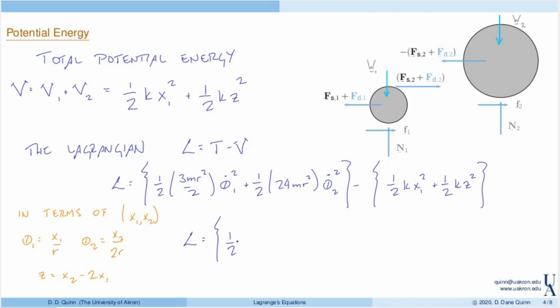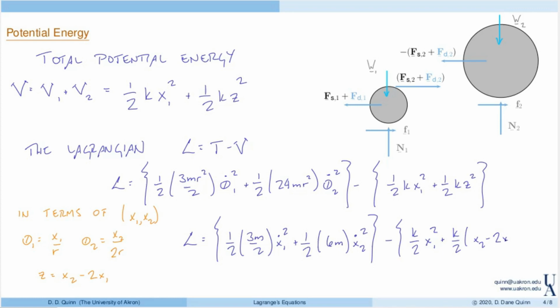It's 1/2 times 3m over 2 times x1 dot squared, right from here, plus 1/2, and now this becomes 6m x2 dot squared, minus k over 2 x1 squared, plus 1/2 k times z, which was x2 minus 2 x1, squared.